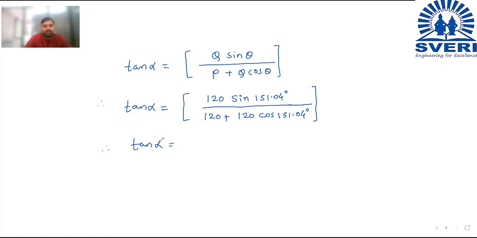So here in that calculator everything is there, sine, cos, tan, whatever you want. So you just have to do the calculation and you have to tell me the answer.